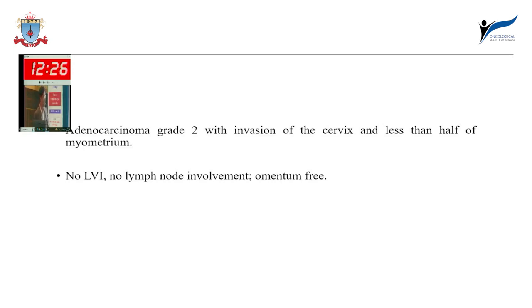Dr. Jatin, we removed both the ovaries. So, would you agree with this procedure? Yes, sir. In this case, I agree. Okay. Can we preserve the ovary in cases of endometrioid cancers? We can, yes, sir.